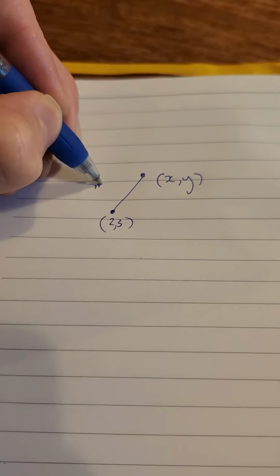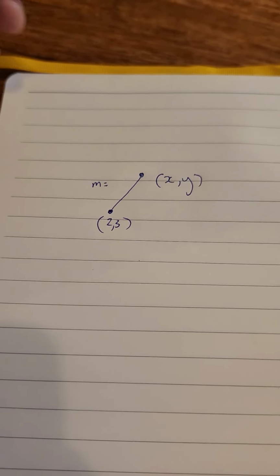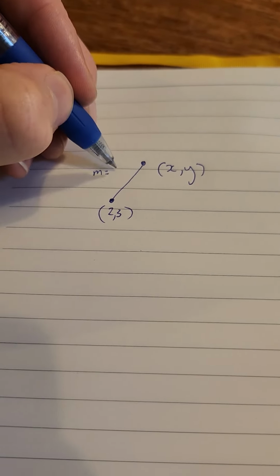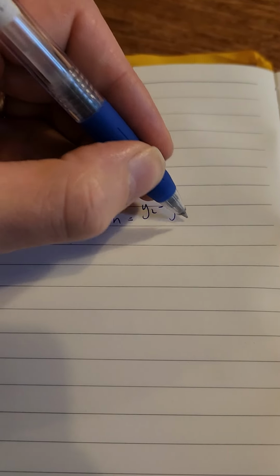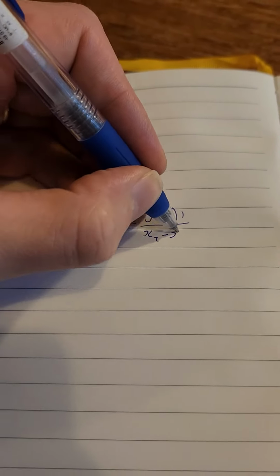Let's imagine we had two points. I'm going to tell you the first point. The first point is going to be 2, 3. And let's imagine there's some point we don't know, x and y. And you tell me that the slope of the line between them is 2. So I put this into the formula, m equals y2 minus y1 over x2 minus x1.